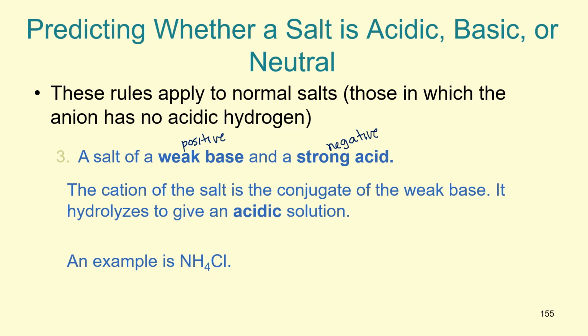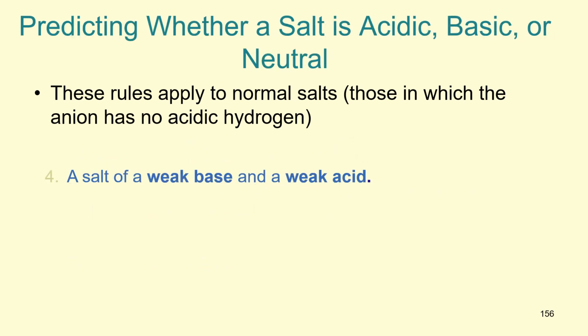An example of that, NH4 plus is a positive ion that's not one of the 6 positive ions. And then Cl negative, we can ignore. So any of those 6 negative ions that come from the strong acids or the 6 positive ions that come from the strong base, we can ignore those when they're in a salt.